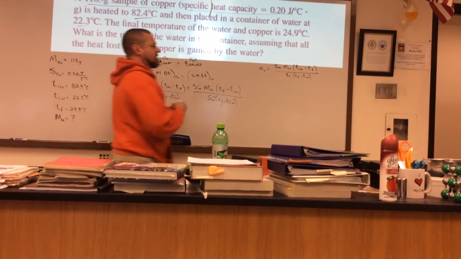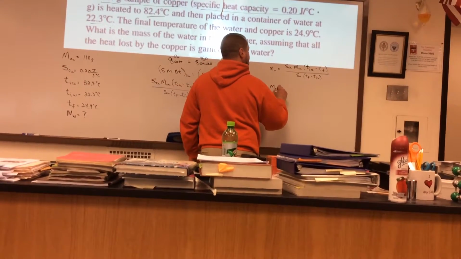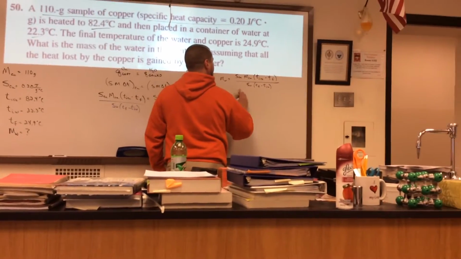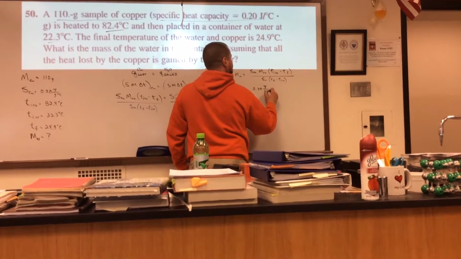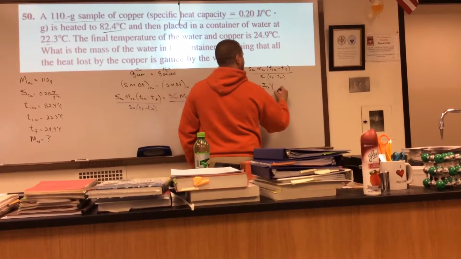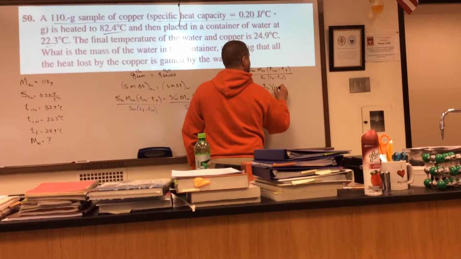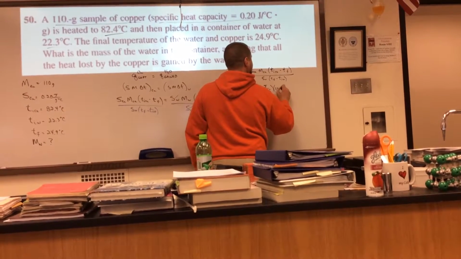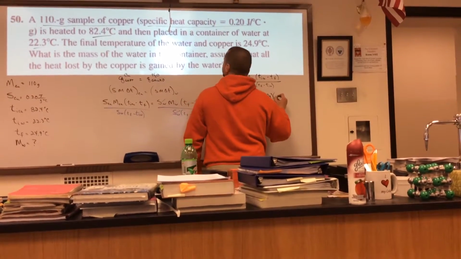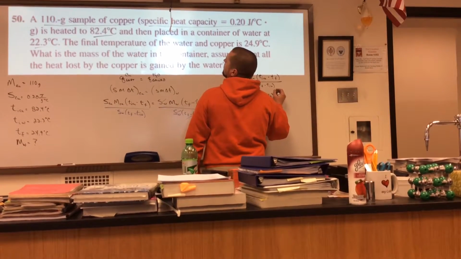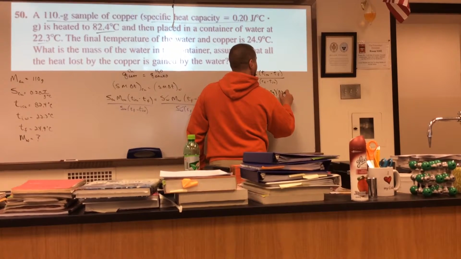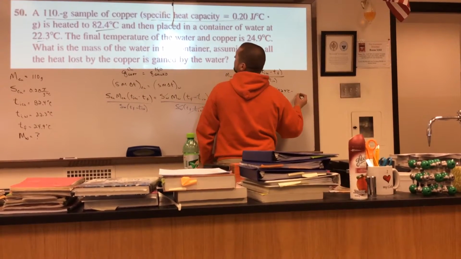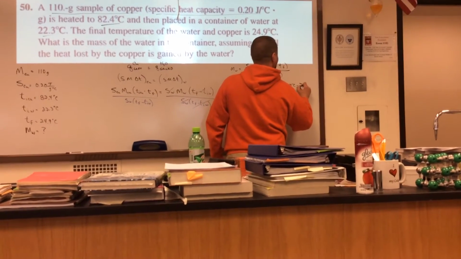All right, so now we can plug in our numbers. So mass of water equals specific heat of copper is 0.20 joules per gram times degrees C. The mass is 110 grams. Temperature initial copper was 82.4 degrees C minus the final, which was 24.9.